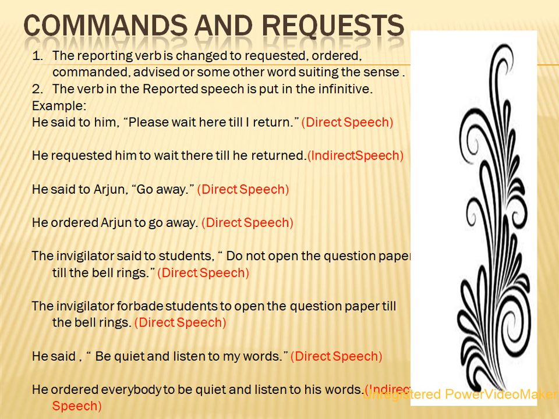Let's see the sense. What is the sense here? He is asking the students not to do something. When we ask someone not to do something, that is called forbid. So the invigilator forbade the students to open the question paper till the bell rings.